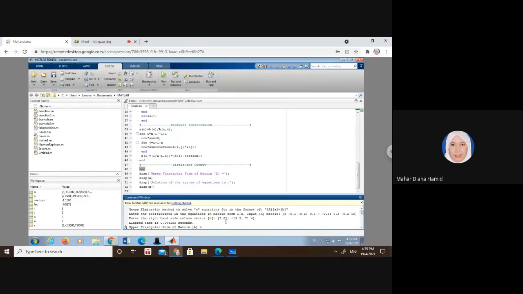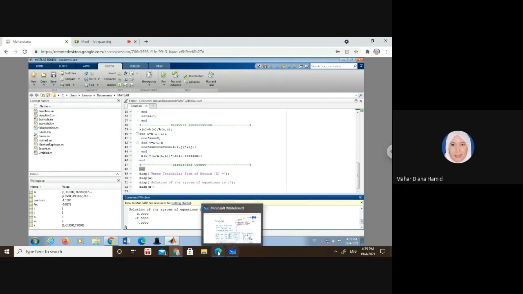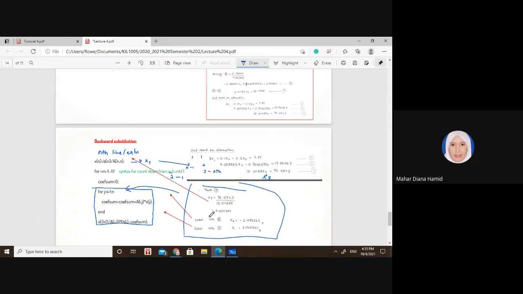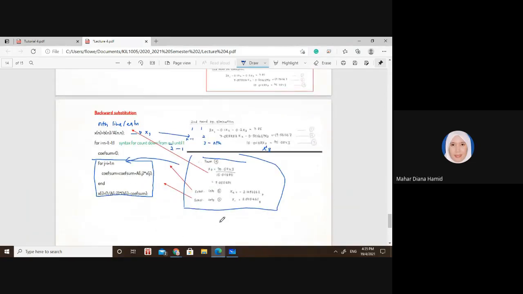So if you try to do that, you will get the solution of the system of equations. X1 equals 3, X2 equals negative 2.5, and X3 equals 7. So if we compare it with the one that we have done in class manually, it seems that we got a similar value.